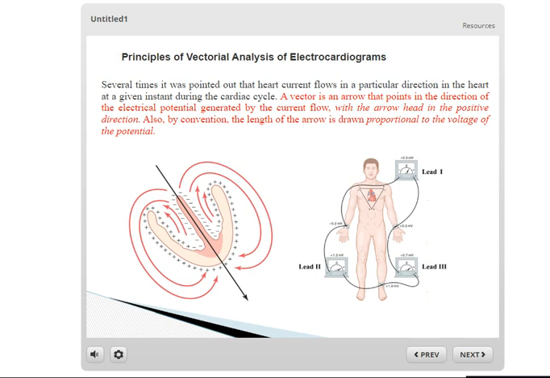The direction of the arrow indicates the path of the electrical current flow. The arrow points toward the area of positive electrical potential. The length of the arrow corresponds to the magnitude of the electrical potential or voltage.